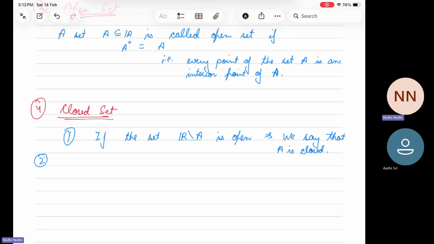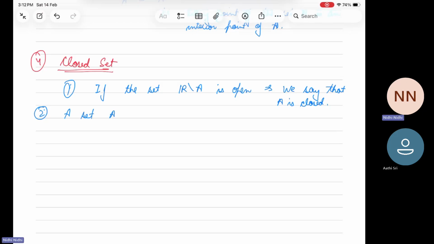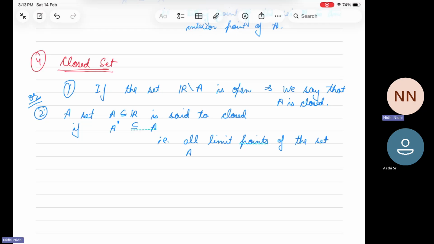Secondly, the main definition in terms of limit point: a set A subset of R is said to be closed if the set of limit points of A is contained in A. That is, all the limit points of the set A are contained in A. A contains all its limit points.